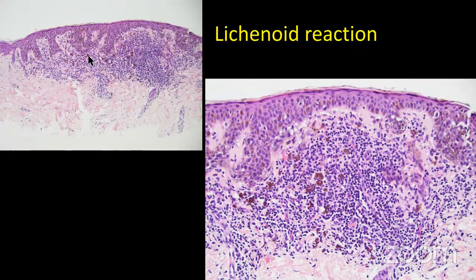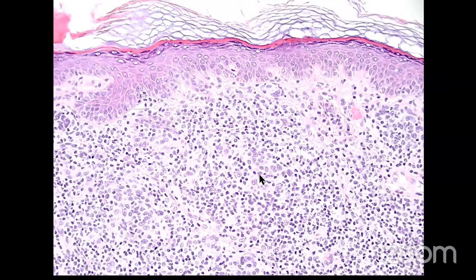Here's another lichenoid tissue reaction, a dense infiltrate. And now that we've already seen that you can have melanocytic cells involved, we look closely and there are some melanocytes here, maybe even some bridging. And then this dense host response, you can see the lichenoid tissue reaction. And here, you can even see that there are some cells in here. They're sort of in nests. And in case you can't see them, I outlined them for you.